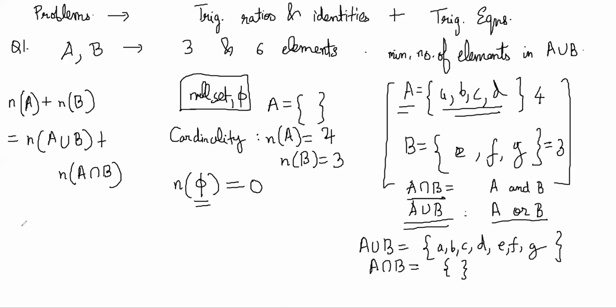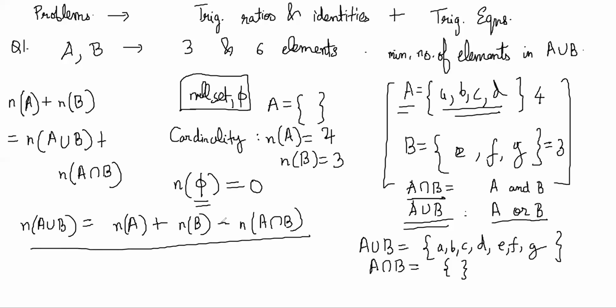One thing that I'm sure of is n of A union B is equal to n of A plus n of B minus n of A intersection B. This is the same thing. If you bring it to this side, this is this equation, right? So let's try to understand how this makes sense.